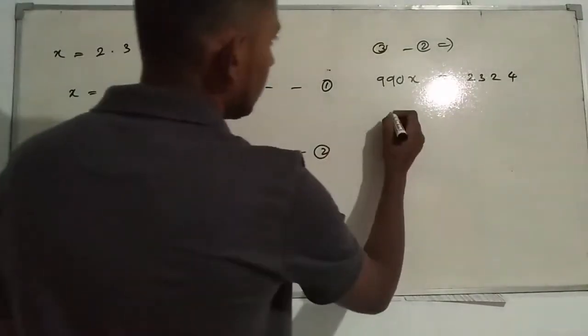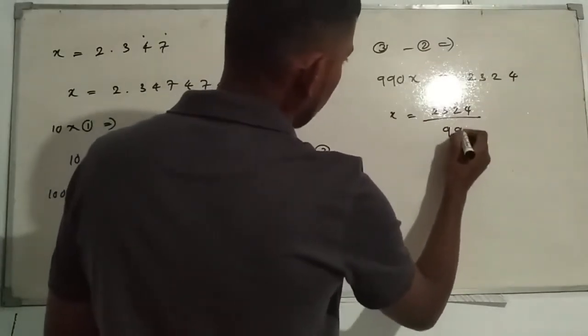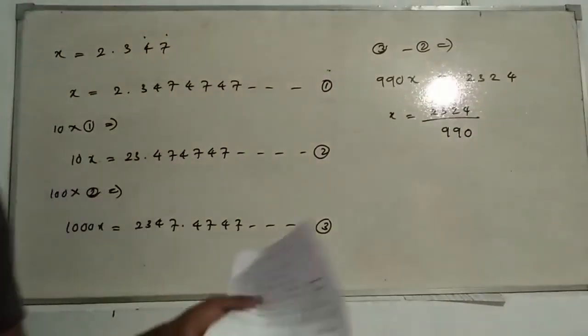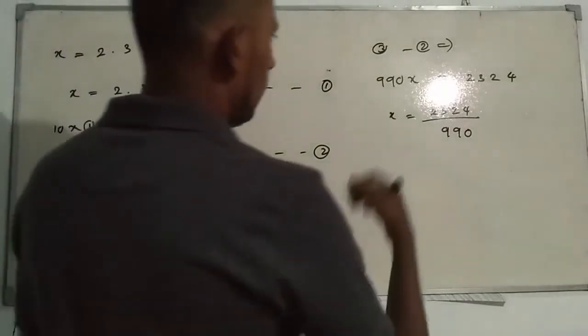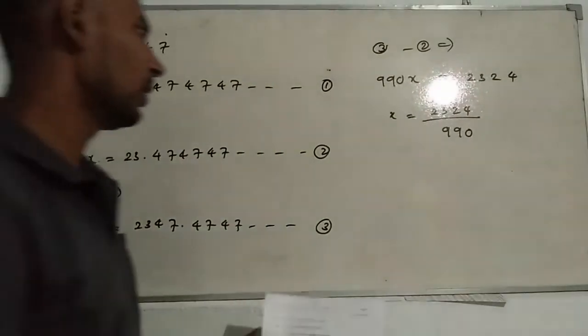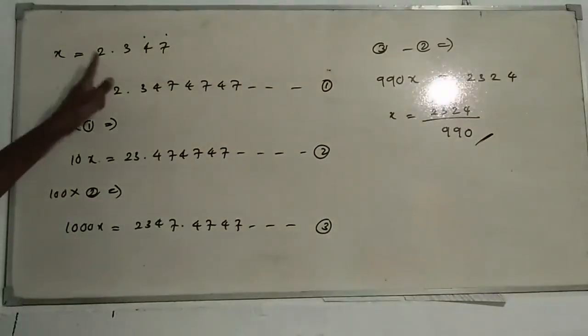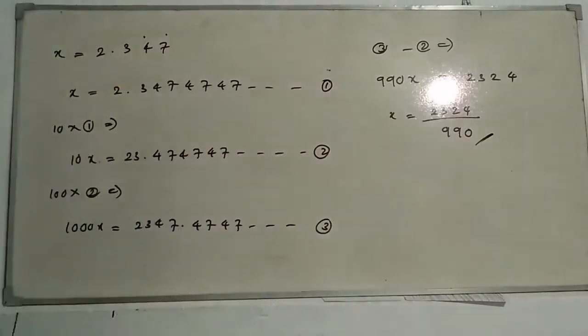Now isolate x. Then x is equal to 2324 over 990. If you like, you can divide by 2 and simplify the answer, or you can leave it like that. Okay? So the fraction which is equal to this recurring decimal number is this. This is your answer.